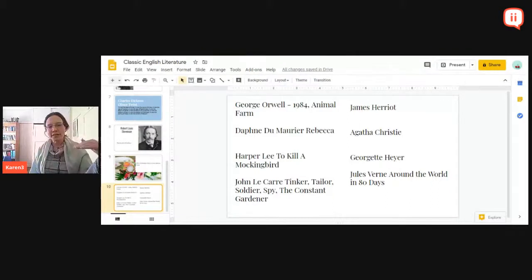Harper Lee is very much more modern than previous. Harper Lee is a writer in America who wrote a book, To Kill a Mockingbird. In the South, there were lots of race issues, and she wrote about that, a black man being wrongly accused of murder.